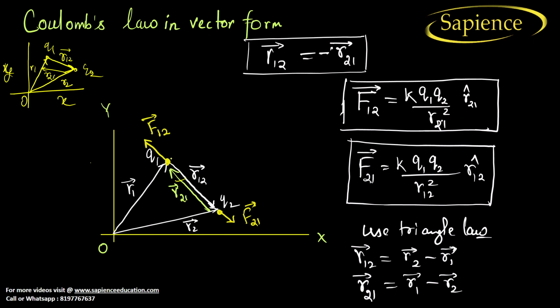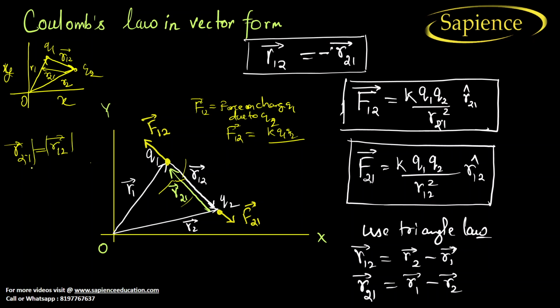Now, if you want to find the force on charge Q1 due to Q2, that is F12, how will you do this? The force will be K into Q1 Q2, but what distance do we take?